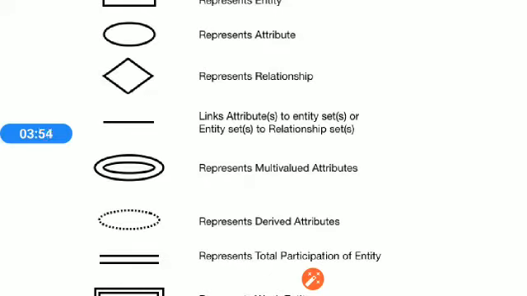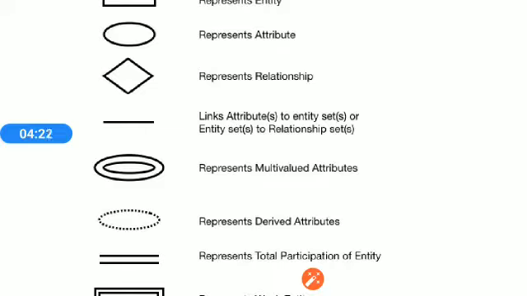What is a multi-valued attribute? An attribute which has multiple values. That means the attribute can have more than one option, like your contact number. There is more than one contact number for a particular person. So your contact number can be a multi-valued attribute.